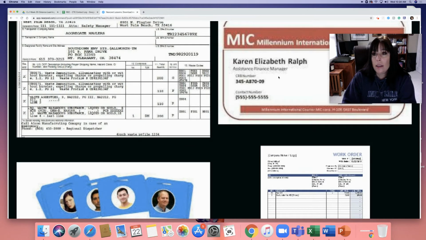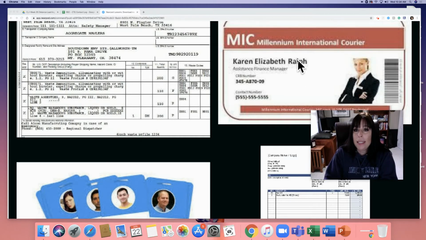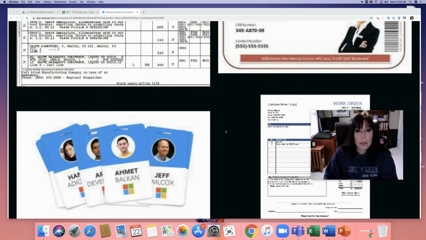This is a photo ID, not necessarily of an employee, but of a salesperson. You know, this person, Karen, she says she's with this company, and there's her face. So do they match? Does that look legit?